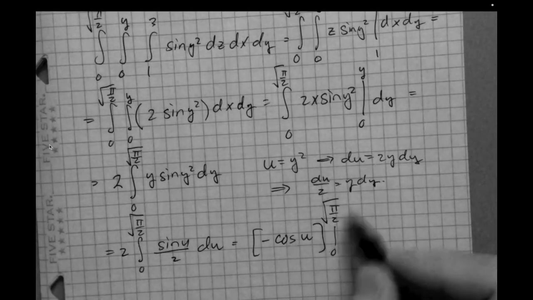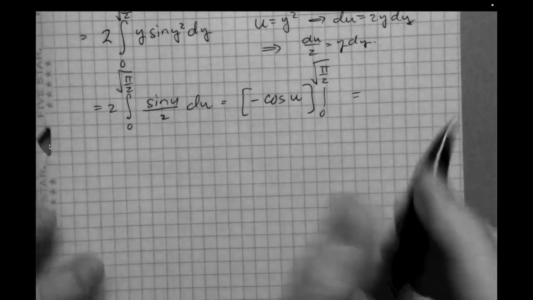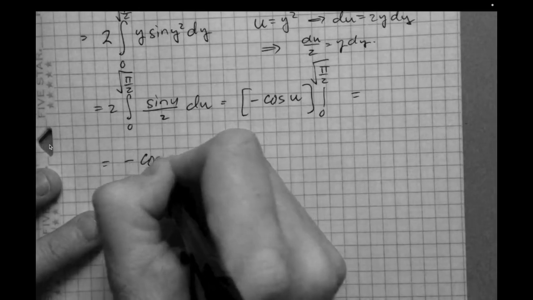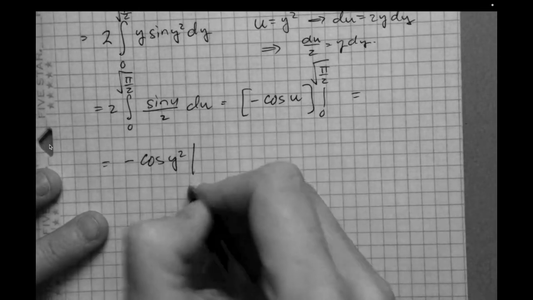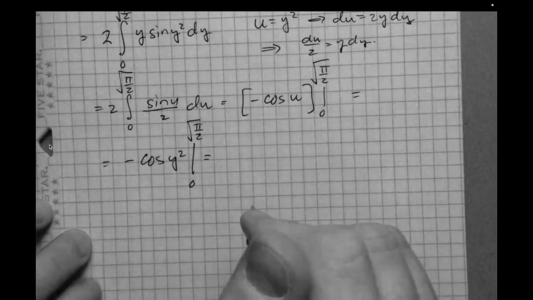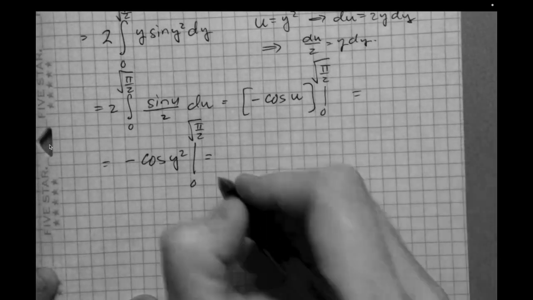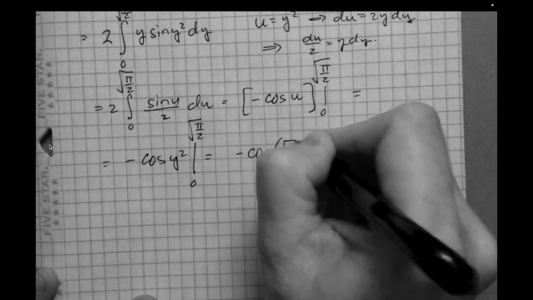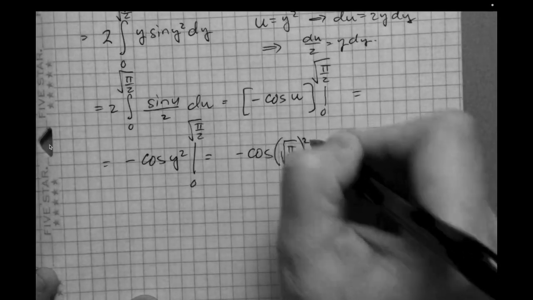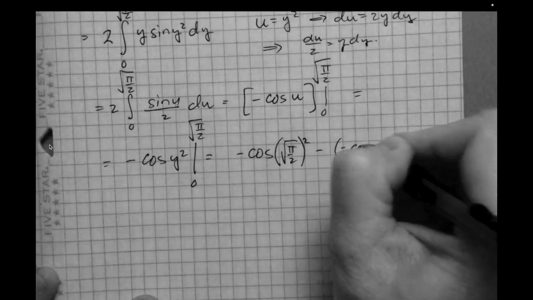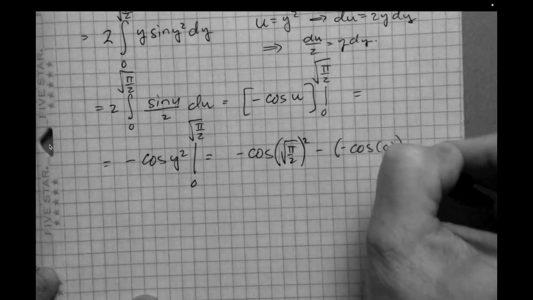Okay, and obviously we can't plug the pi over 2 into the u. We have to convert this back to a function of y. And so I get negative cos y squared from 0 up to square root of pi over 2. Right, and then I can evaluate this. This is just negative cosine of the square root of pi over 2, squared, minus negative cosine of 0.